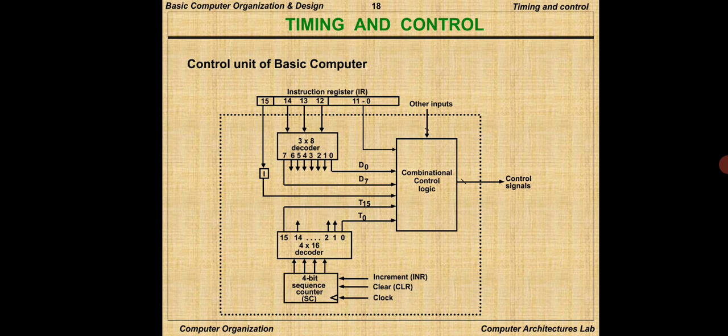The control unit of a basic computer requires a timing and control unit first. If you look at this timing and control unit block, this is the block diagram of your timing and control unit. As we have seen in our previous class, that is nothing but an instruction register.